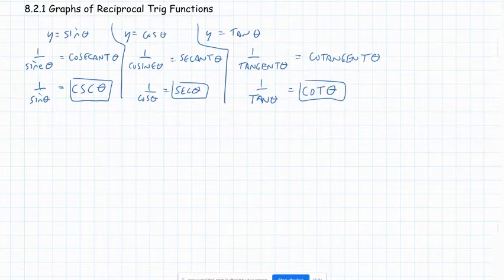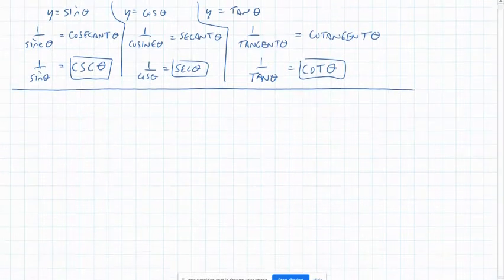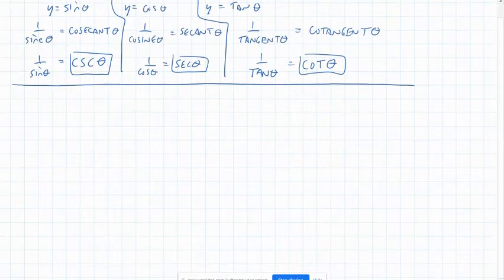And so now what we're going to do is look at the graphs of those. Since we know that cosecant is the reciprocal of a sine graph, the easiest way to graph cosecant is to graph its reciprocal function first.